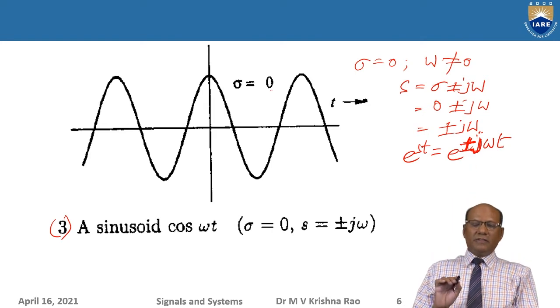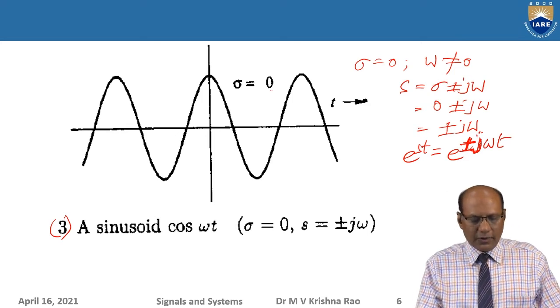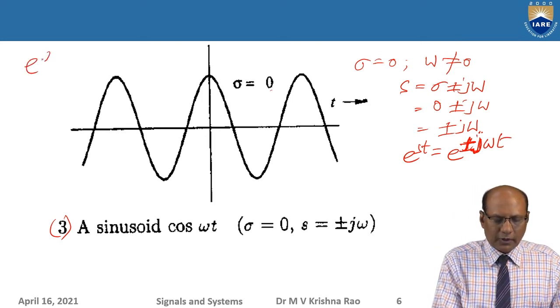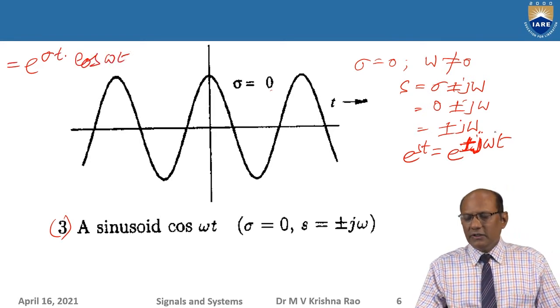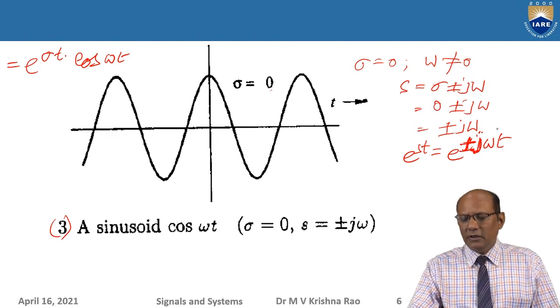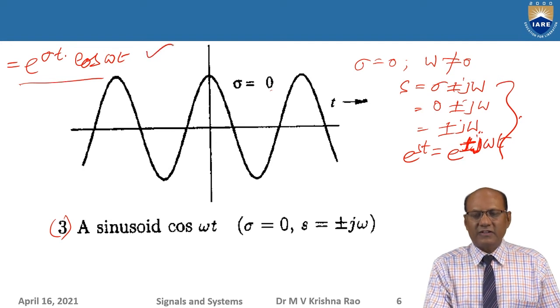So what was our function? Because this is the complex function. Our starting point was e to the power of sigma t cos omega t. Let us start with this. This s of t is the complex form. From this form, we have arrived at a real function like this.